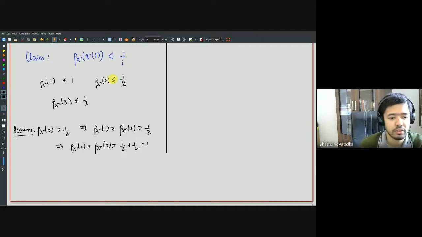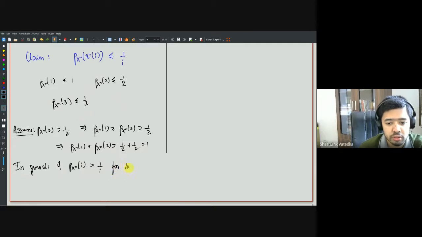All right. So in general, suppose P_Xn of i is strictly larger than 1 over i for some i, it doesn't matter which i it is.